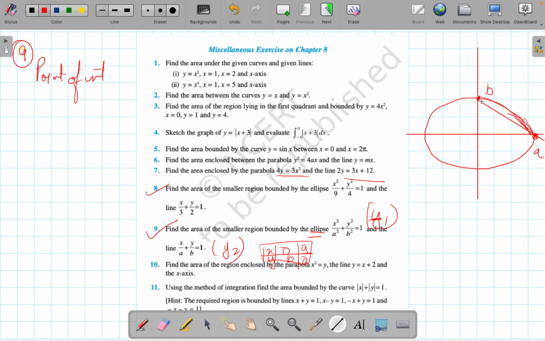So this will be your line, right children? And you have to find the smaller area. Again, if I have to find the smaller area, that means I have to find only this part. Now again, how to find this part? Just check my pencil how it is moving.